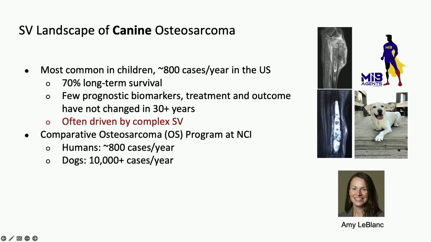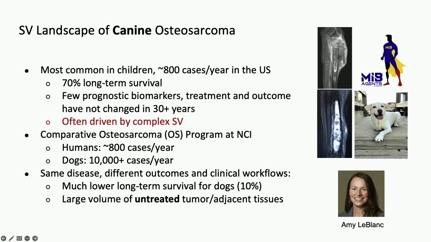At NCI, we have a comparative osteosarcoma program. We're basically studying osteosarcoma in dogs. In dogs, it's a much more common disease, about 10,000 cases per year, and that, of course, makes it an attractive model to study this disease. This osteosarcoma program is hosted at NCI, and Emily Blank is directing it.